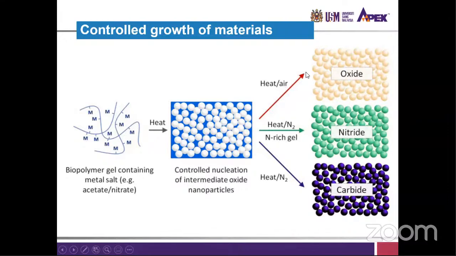Further heating in air, it will become an oxide. If you expose it to heat and also nitrogen flow, it will become a nitride, if this is a really nitrogen-rich gel. But if you just heat it with a little bit of nitrogen flow, it can be a carbide. So it depends on the conditions, right?